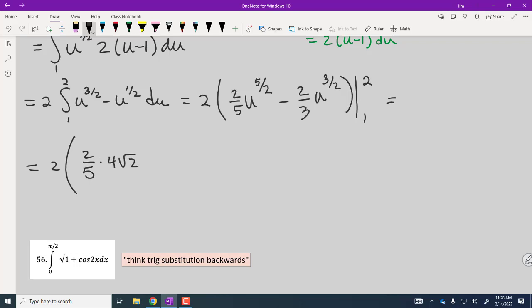Plug in the 2 here, square root of 2 3 times is 2 root 2. And then we subtract off the antiderivative at 1. Okay, 1 to either of those powers is still 1. So we get that.